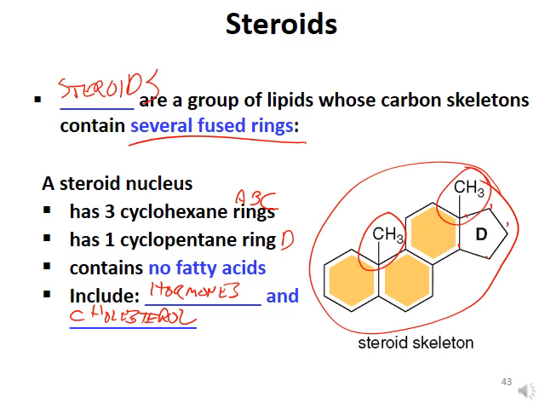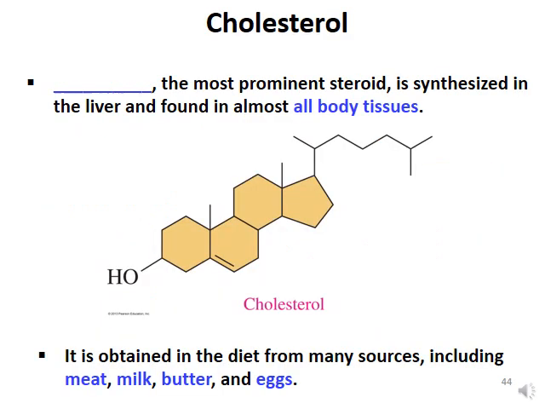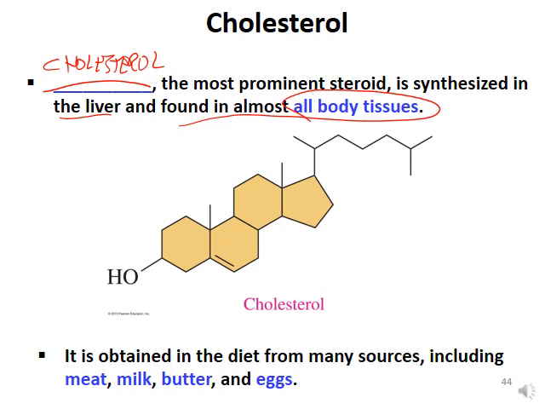All right, we went through this process. Now, cholesterol, which is definitely the most prominent steroid for lots of different reasons, is synthesized in the liver and found in almost all body tissues. Cholesterol is not bad, guys. Cholesterol is essential.